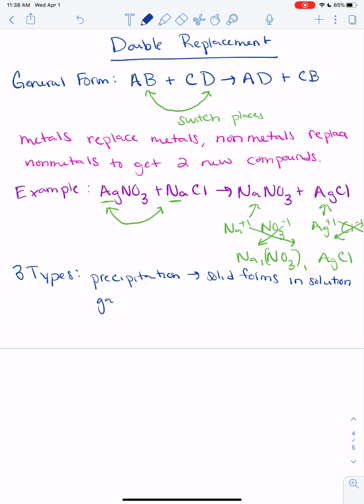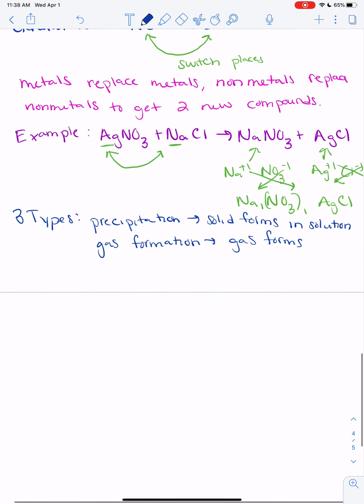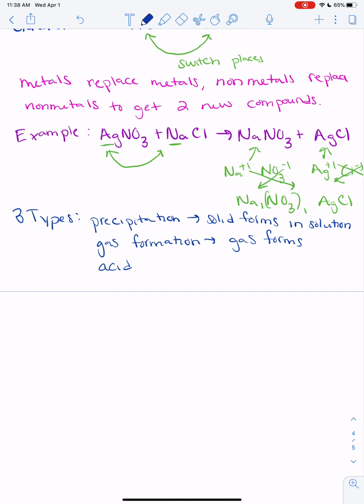We have gas formation. This is pretty obvious. This is where a gas forms. And we have acid-base neutralization. And this one we don't really have to worry about right now because we're going to talk about that a lot more later.